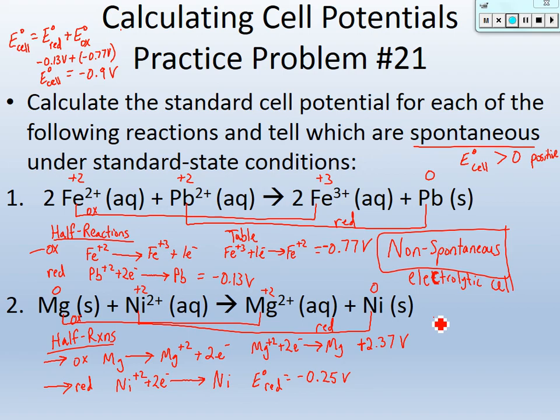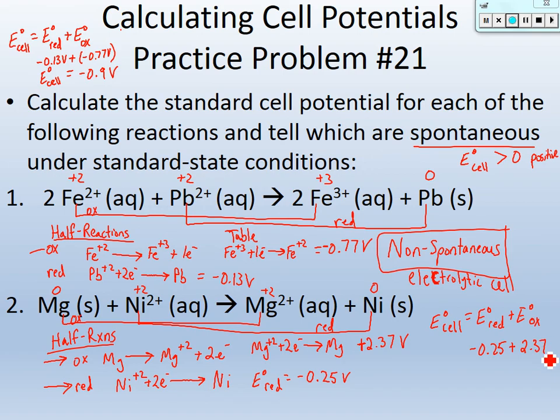So when you put it in this equation, E0 of the cell is equal to the E0 of the reduction plus the voltage of the oxidation. So my reduction was a negative 0.25 volts. Let's add that to the oxidation, which was 2.37.